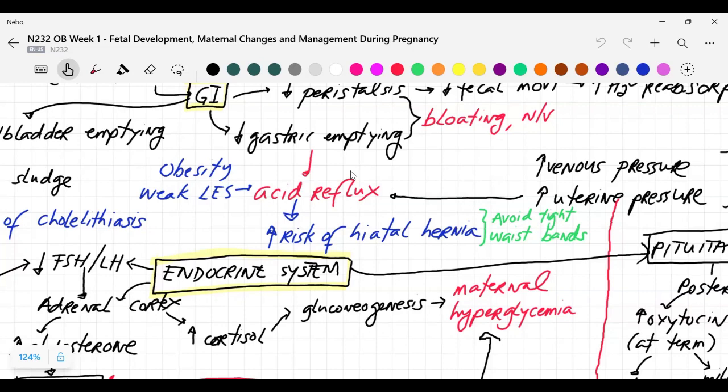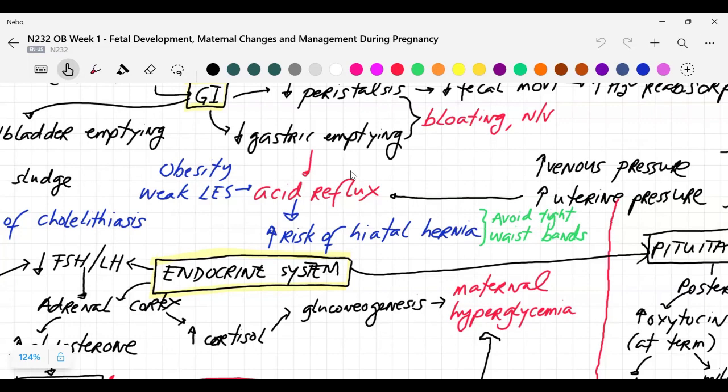If they have hiatal hernia, anybody know what hiatal hernia is? So this is the stomach, right? This is the LES. In hiatal hernia, this part of the stomach, the fundus, protrudes out here, up on the esophagus. So then food gets stuck in there, and so then mom refluxes. So what causes that?